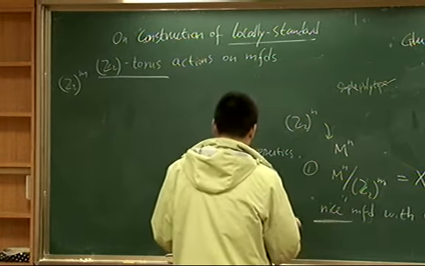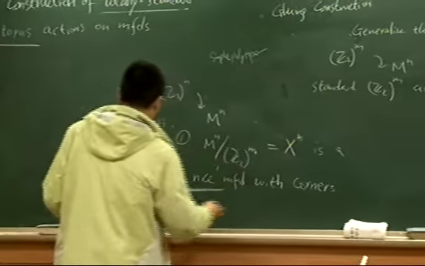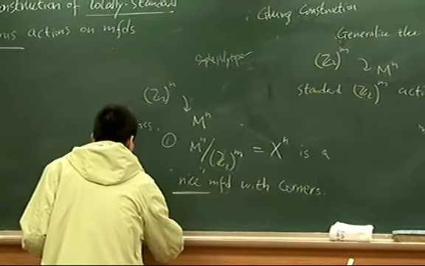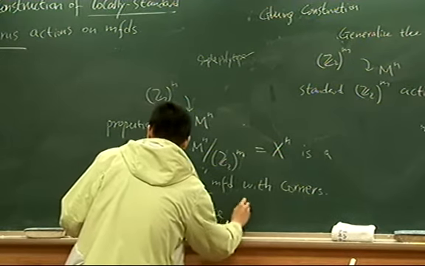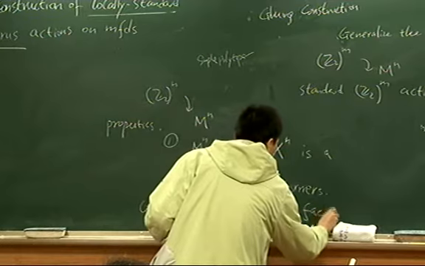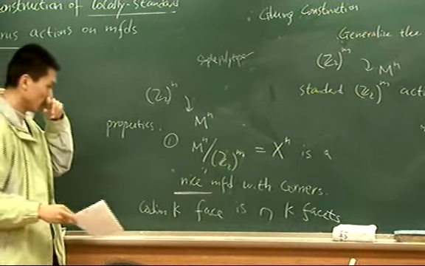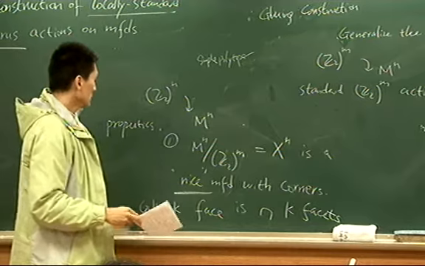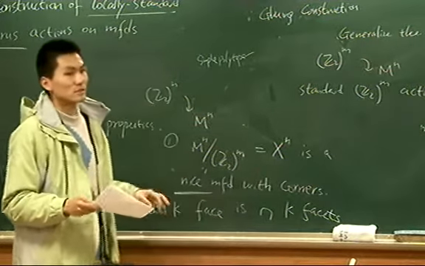So nice means that this is a manifold with corners, and any codimension k face is the intersection of k facets. Globally, not locally. Any codimension k face is the intersection of k different facets.